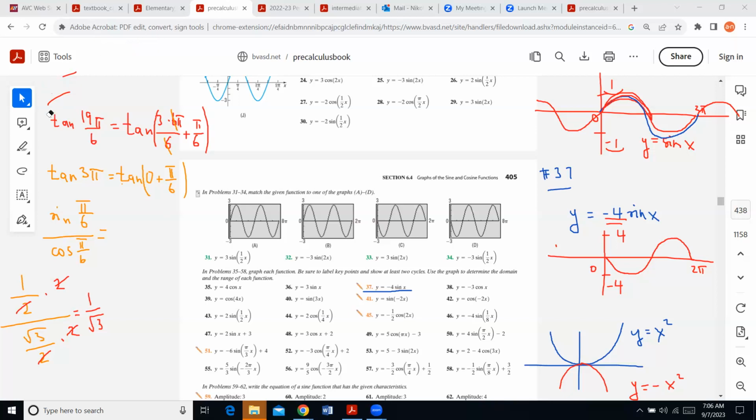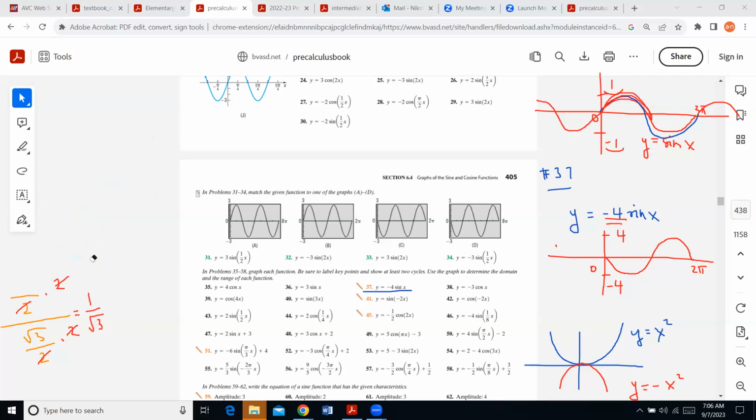I guess sometimes people calculate points, and that's very annoying and tedious. And the goal is not to do that. The goal is to just look at the graph and right away decide what happened with your basic function sine that you actually had worked with.